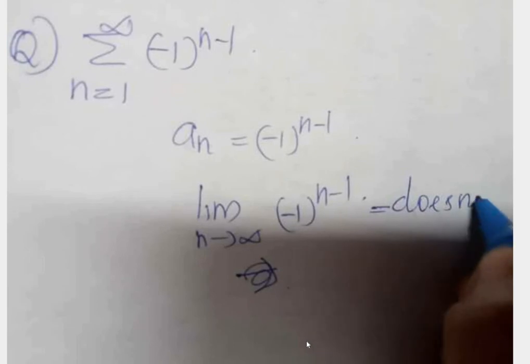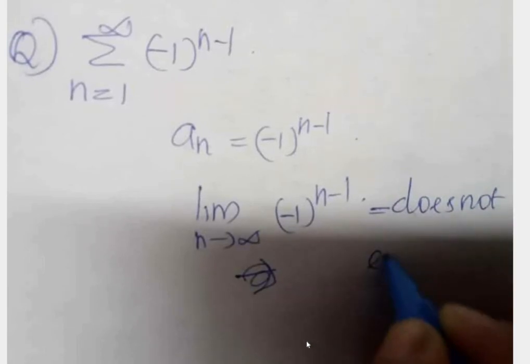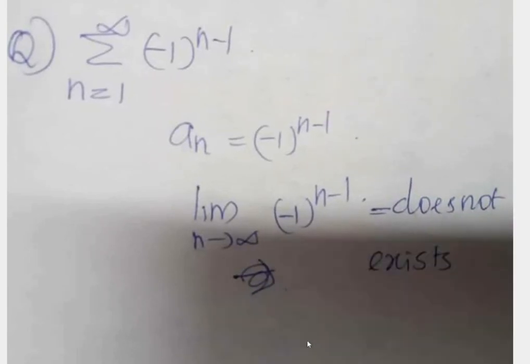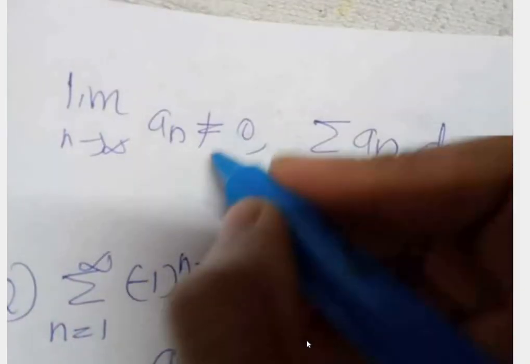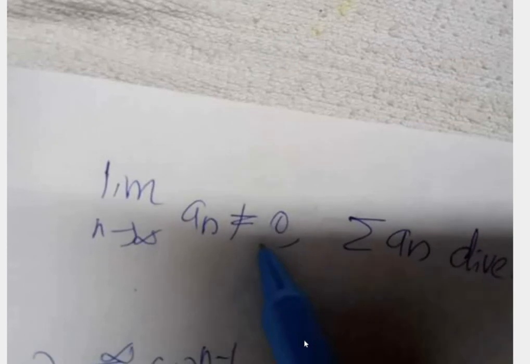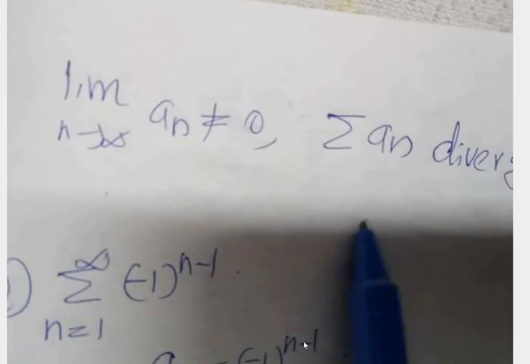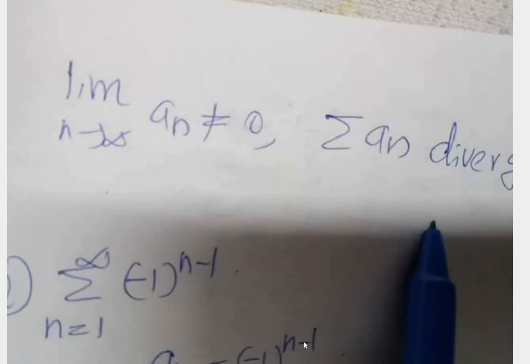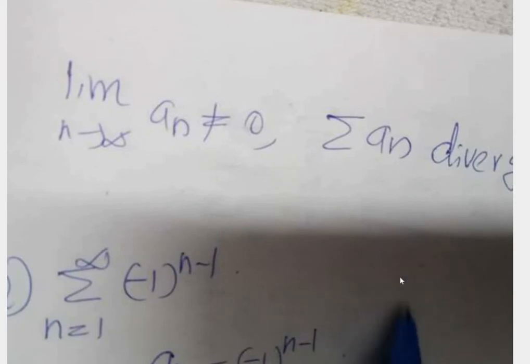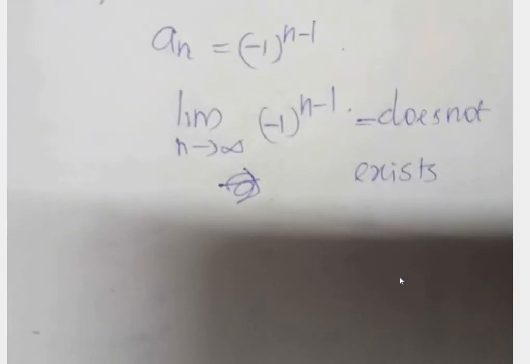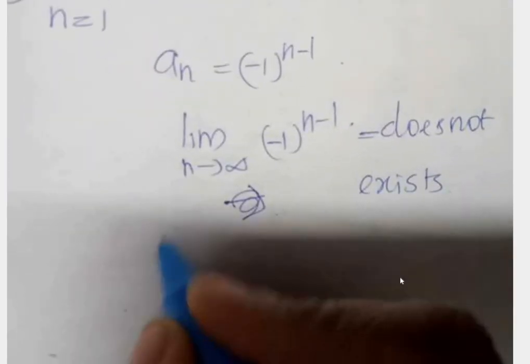Okay, so in the divergent test, if the limit n tends to infinity a_n is not equal to 0 or does not exist, then also we can say that sigma a_n diverges.